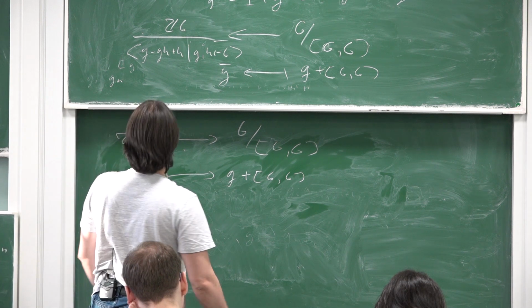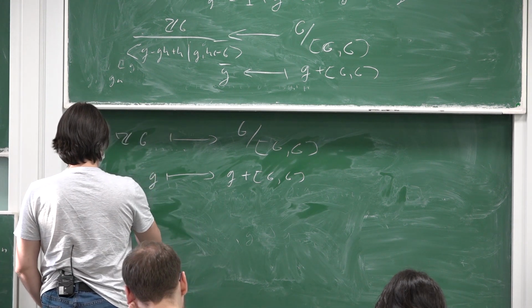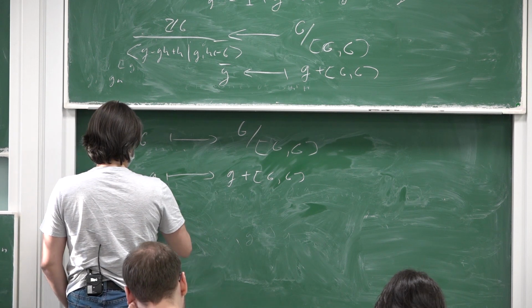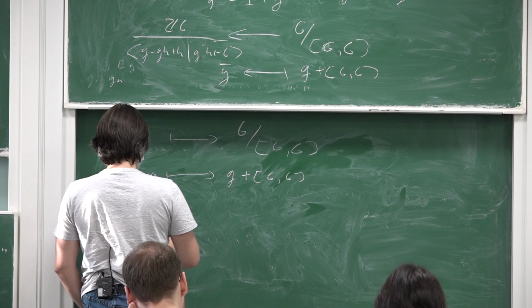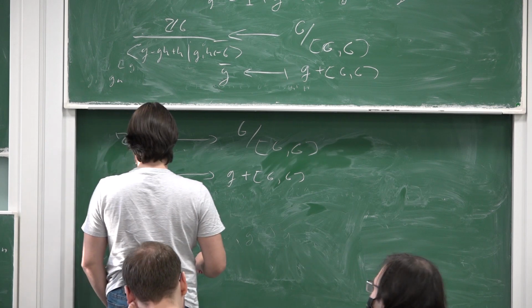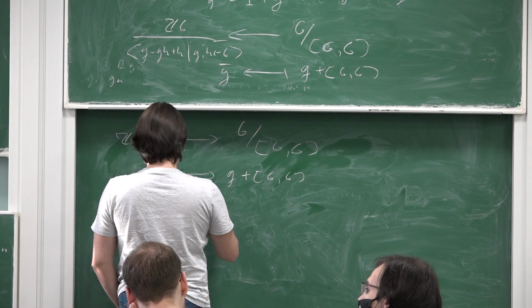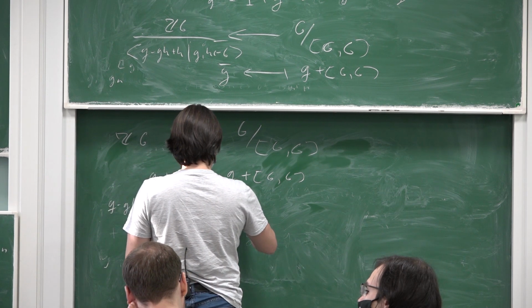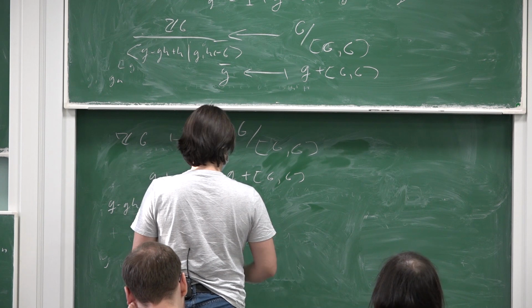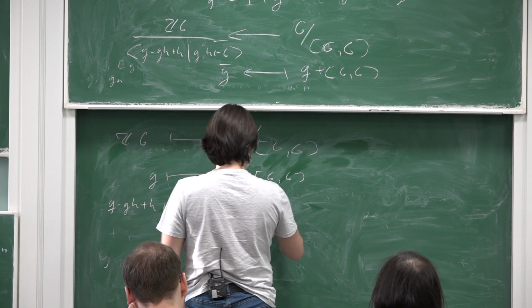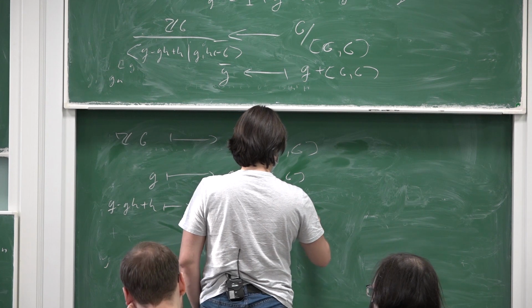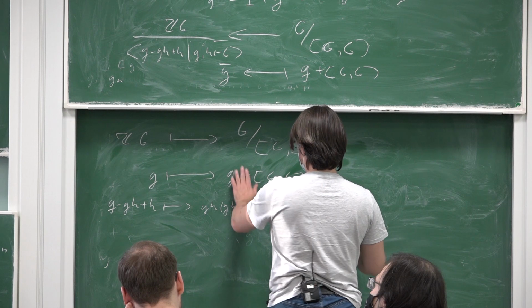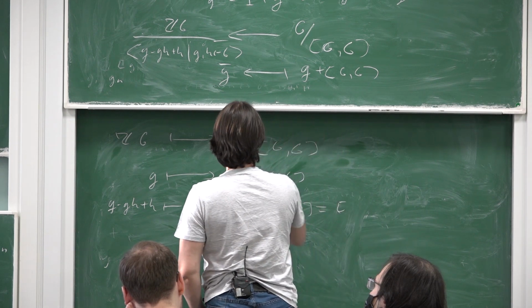And it's clear that G minus GH plus H goes to GH minus G minus H plus GG, where GH is the multiplication.